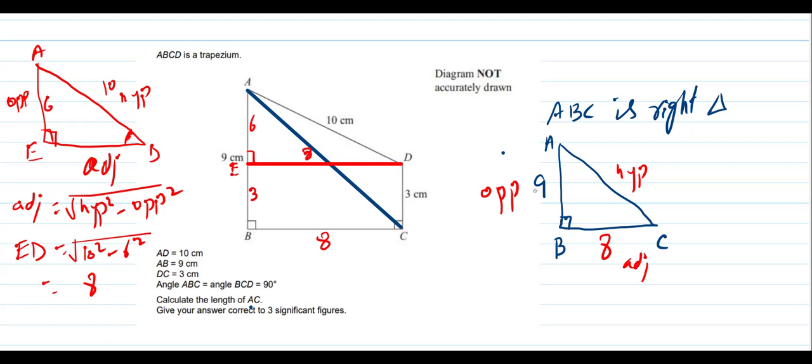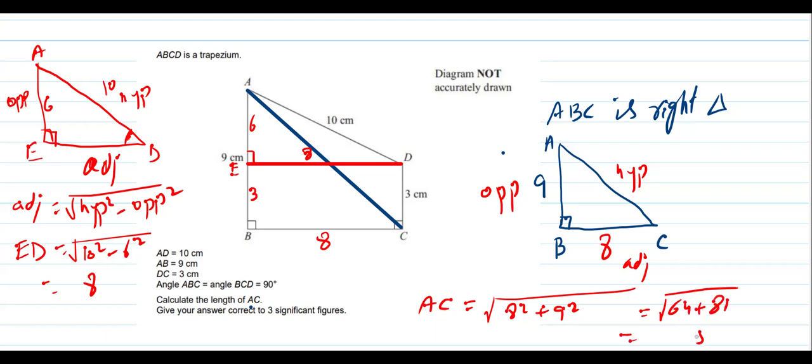So now what will be AC? Hypotenuse is equal to adjacent squared plus opposite squared. So that will be 64 plus 81, which is 145, square root, and you can calculate that.